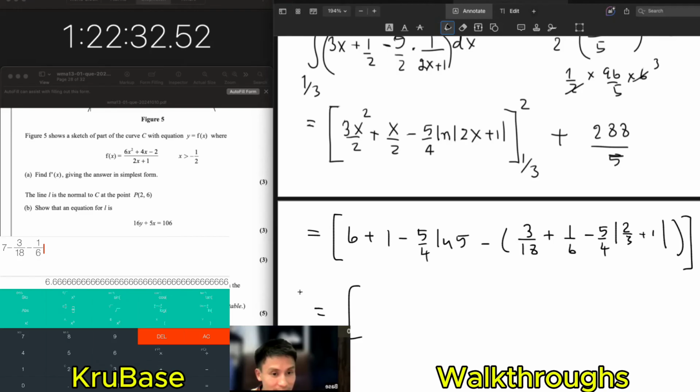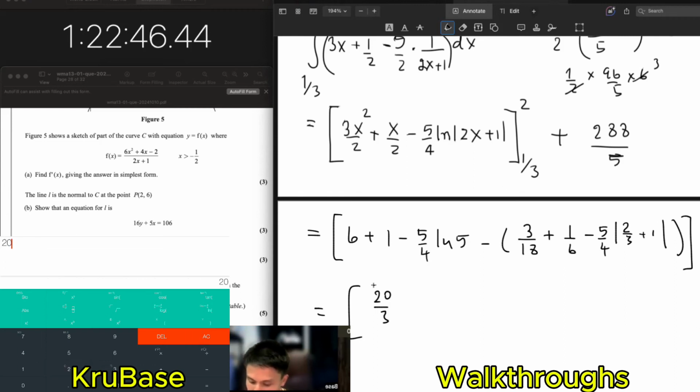Because I'm expanding the minus sign there too. Ooh, this is horrible. It gives me 6.666, and that is 20 over 3, I think. Is it? Yeah, okay. So that's 20 over 3.